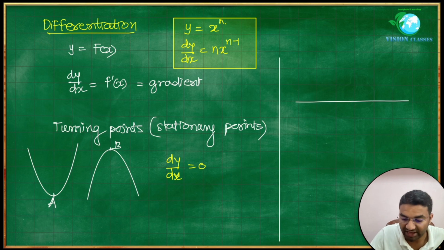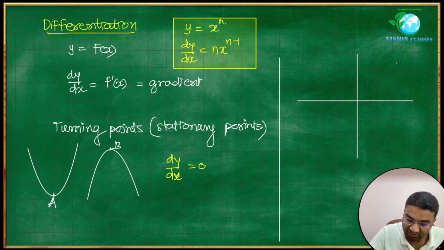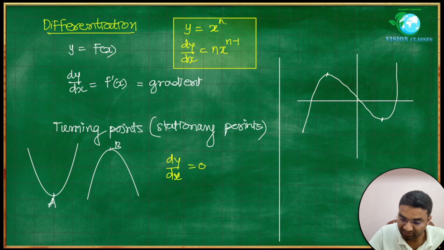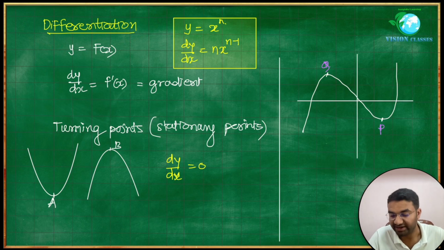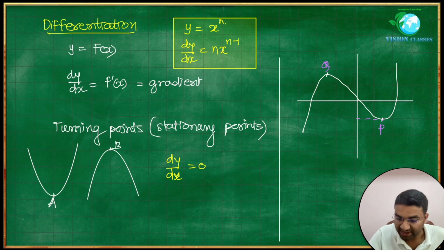Suppose we have a cubic graph, and we get a curve like this. We have 2 points, let's say P and Q. P is a minimum point because it has the minimum y value, and Q is a maximum point.